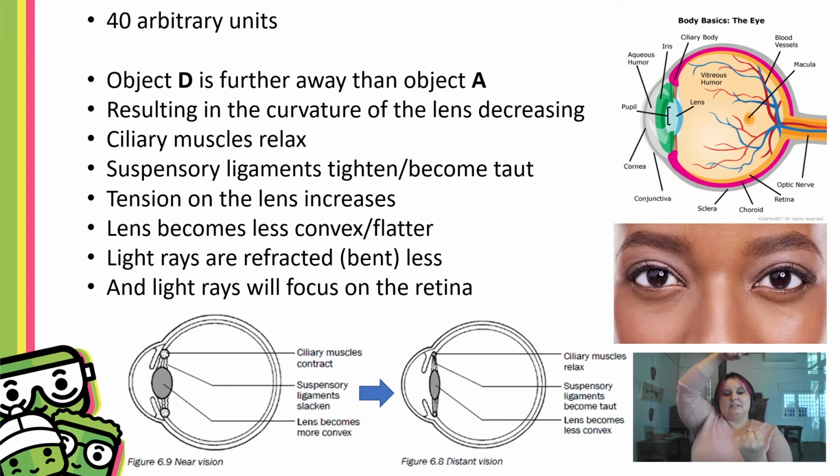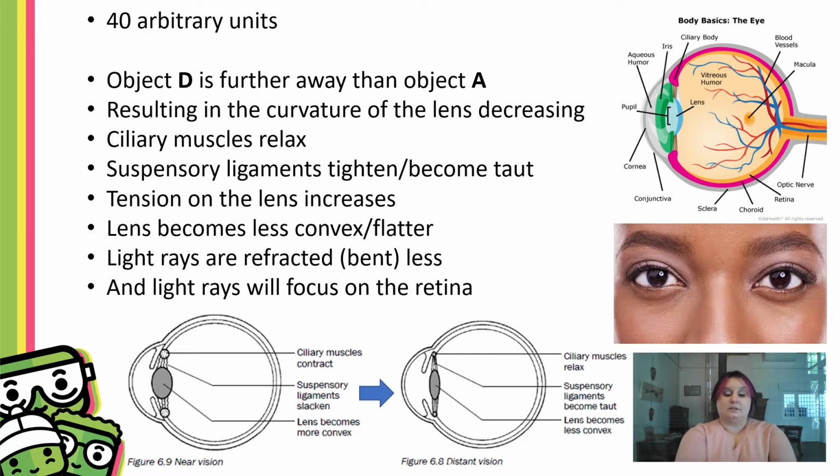And so the tension on the lens increases and the lens becomes flatter or less convex. This means that the light rays that enter the eye are bent or refracted much less and are therefore appropriately focused on the right place in the retina, allowing those receptor cells to pick up on that information.